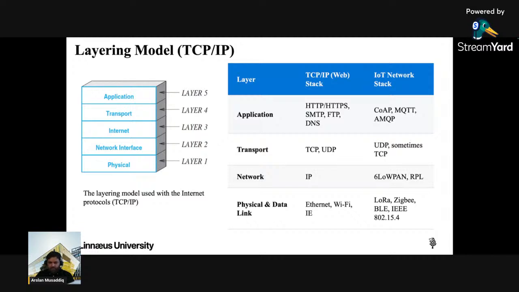For example, RPL, Routing Protocol for Low-power and Lossy networks, is one example of a compact, small routing protocol for these devices. And then we have the physical and data link layer, which consists of technologies like Wi-Fi, Ethernet, cellular, or Zigbee, LoRaWAN, and so on.